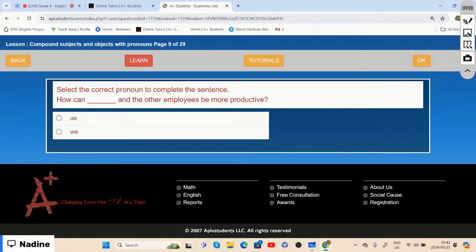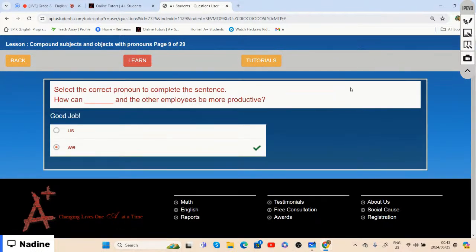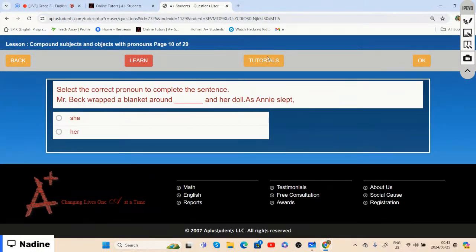So we can say, how can we and the other employees be more productive, which means that that is a subject pronoun, and it's telling us who is doing something.